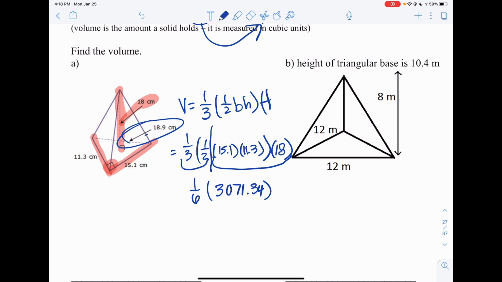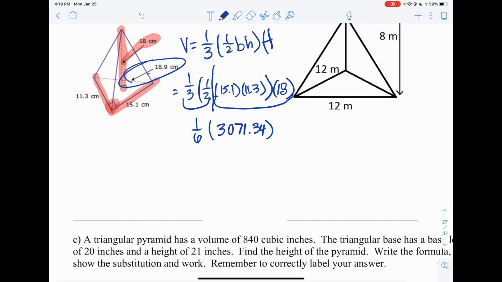Okay, now my last step is to either multiply by 1/6 or divide by 6 to that 3,071.34. Okay, when I multiply 1/6 to 3,071.34, my final answer is going to be 511.89 cubic centimeters.